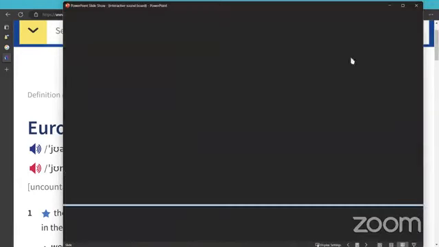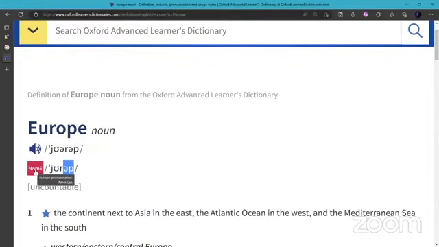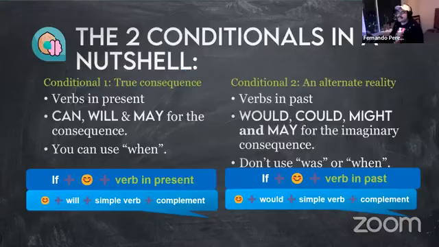Europe, Europe. Excellent. If I won the lottery, I could travel around Europe. Very good. That sounds very good. Much, much better, guys. Conditional one versus conditional two.